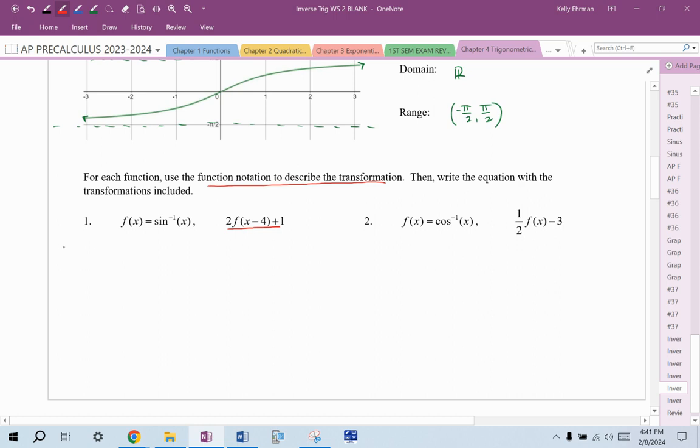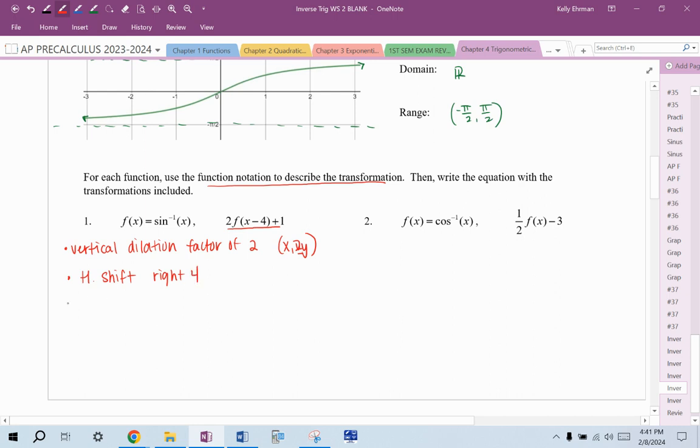So when there's a 2 out in front of a function, that is a vertical dilation by a factor of 2, and that's because every y value gets multiplied by 2, so that's the factor. We also have a horizontal shift. You could just say shift to the right 4.